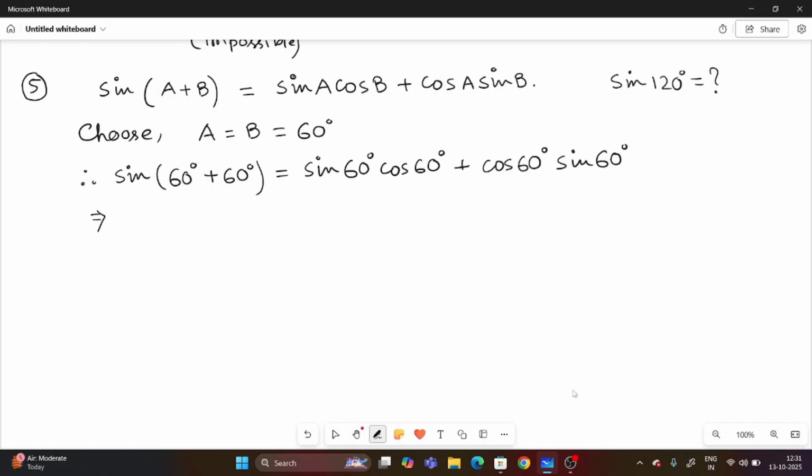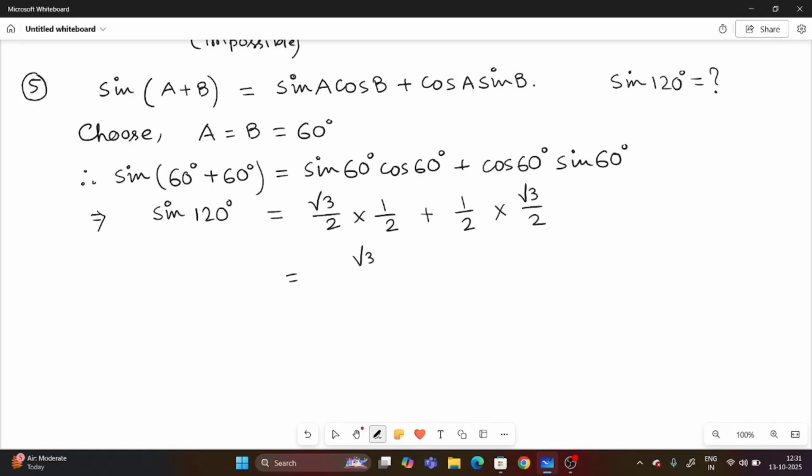So the left hand side becomes sin 120 degree. Now put the values in the right hand side. Value of sin 60 is root 3 by 2. Value of cos 60 is 1 by 2. Similarly, cos 60 is half. Sin 60 is root 3 by 2.